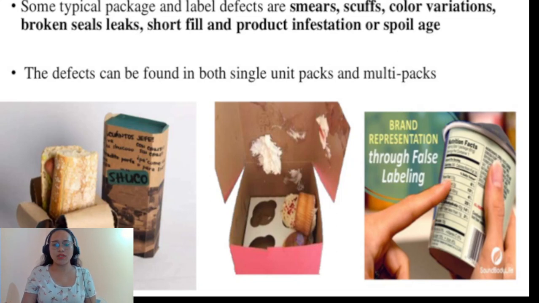As you can see in the picture, this is an example of improper packaging of products. In the first picture, the labeling of the package does not fit the product. In the second picture, you can see that the cupcake is not properly put in the right package.